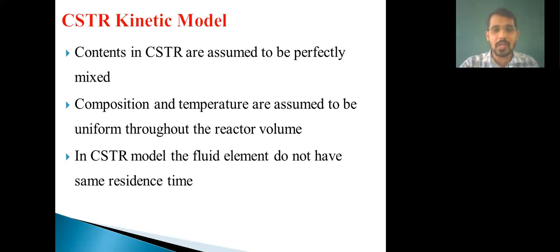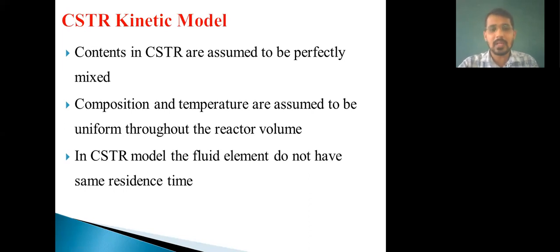After that, composition and temperature are assumed to be uniform throughout the reactor volume. But in PFR, this is not an assumption or condition. So for uniform temperature and composition, we will also prefer CSTR over the PFR.